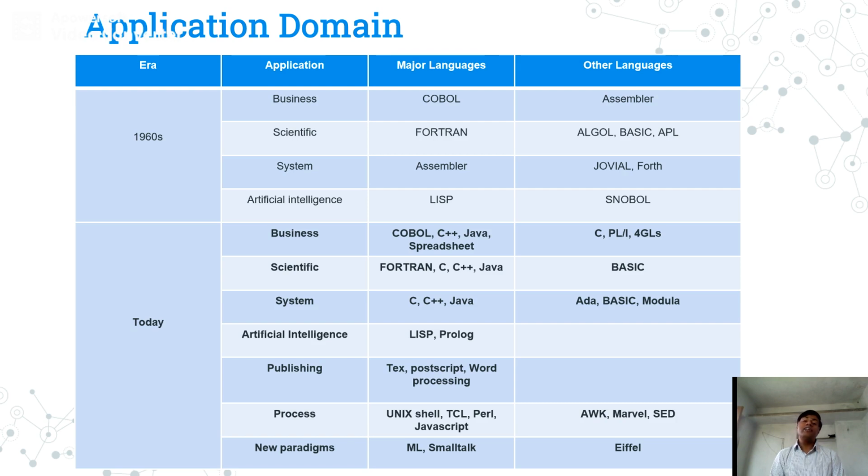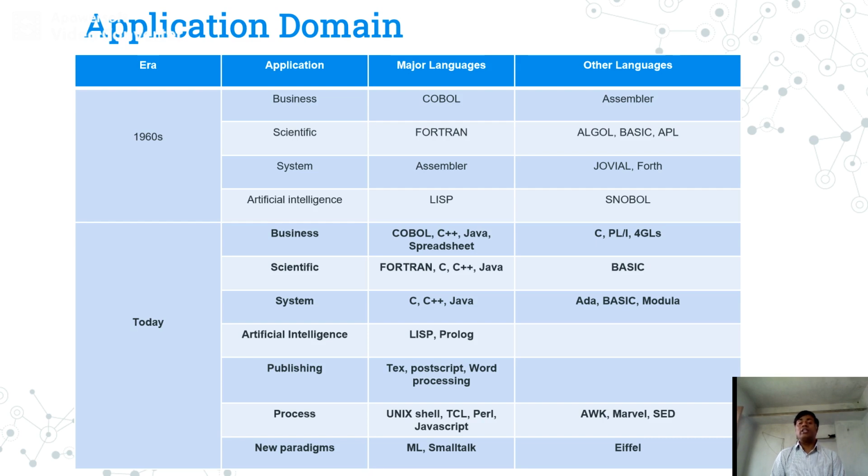In scientific applications, we are using today Fortran, C, C++, Java, and other languages are Basic. In system type applications, we are using C, C++, and Java, and other languages ADA, Basic, Modula, and artificial intelligence type applications.